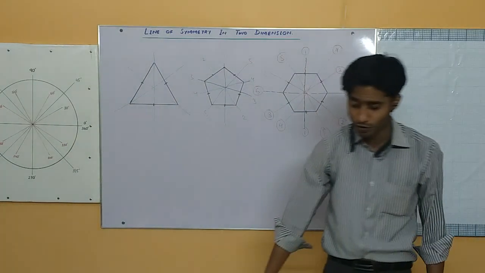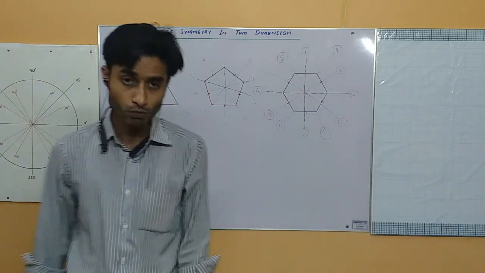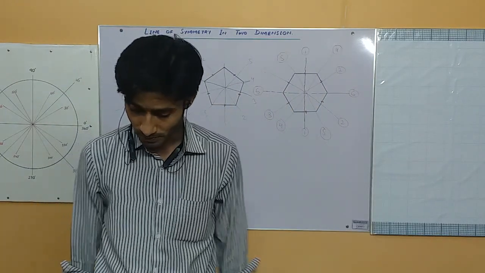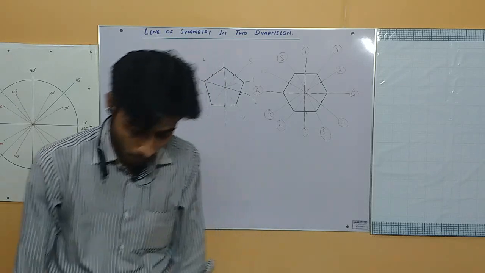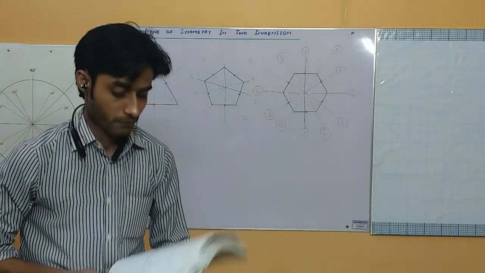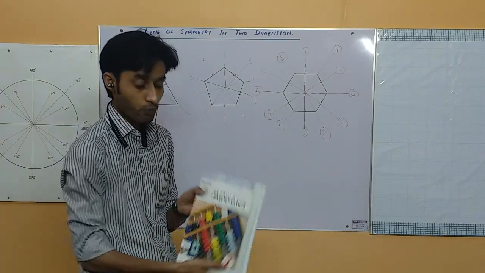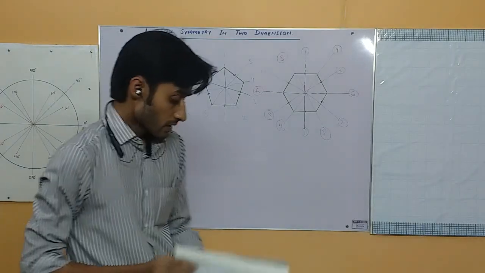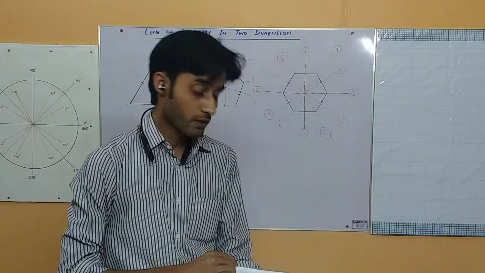This is the first thing. You are going to get a few shapes and we are going to ask you to draw the lines of symmetry. If you have Book 2, this is the book in which we are going to discuss questions from. Book 2, 7th edition, chapter number 13.